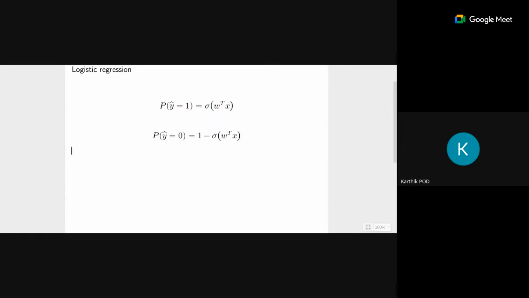Given X, you can compute W transpose X and then take sigma of that, which will be 1 by 1 plus e power minus W transpose X. You end up with some value, and that's the probability with which you can generate the label. If you think about how this label was generated, you can think about it that way also.